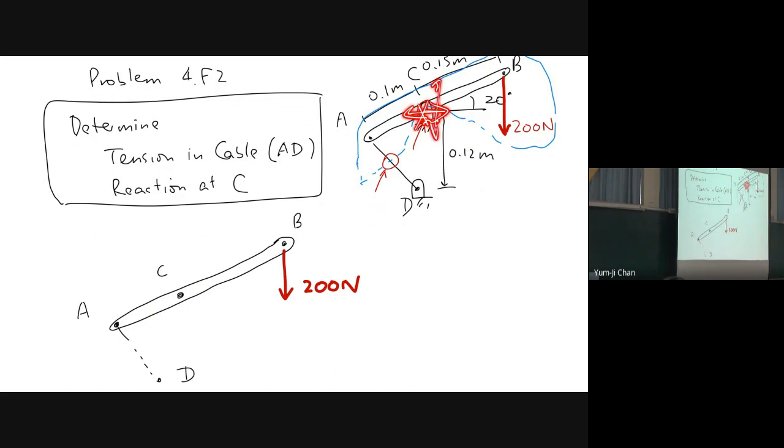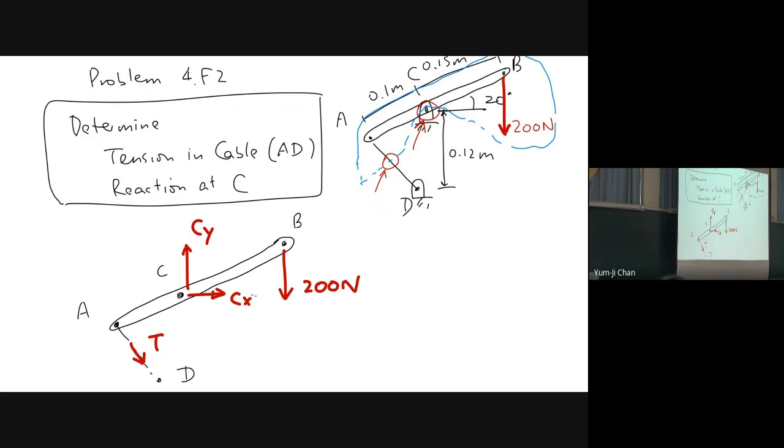No. Can we rotate? Yes. So we have two forces here, Cx and Cy. And for point A, it is the cable, so we have one force here. This is T. These are all the external forces acting on the body.